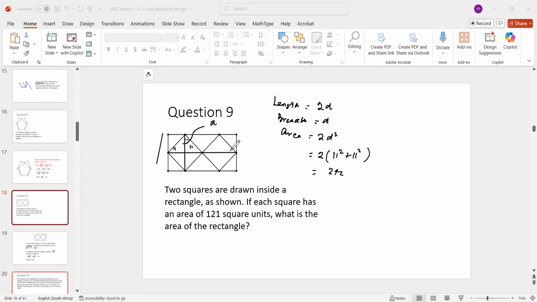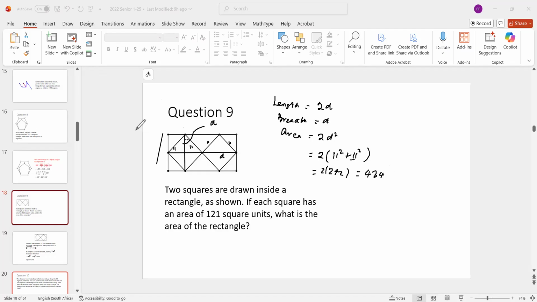There's your D squared that you're looking for. 11, 11. This is 242 times 2, which gives you 484. Right. So the area is 484.